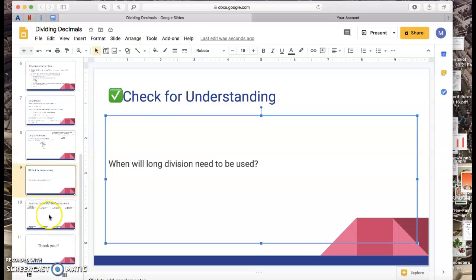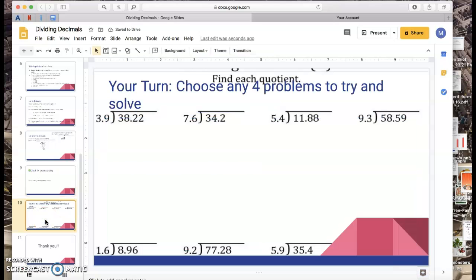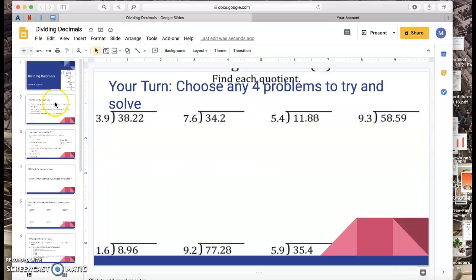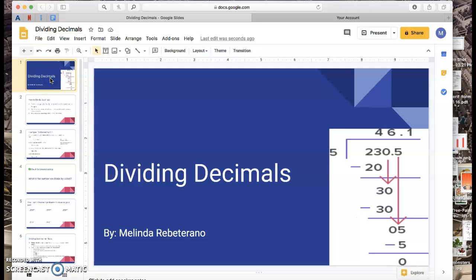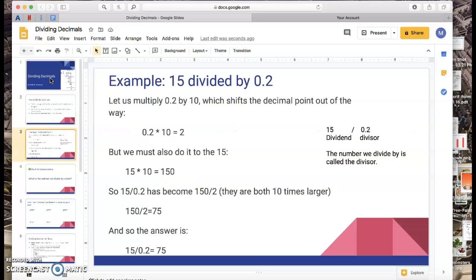So before we move on, just want to see if anyone has any questions, concerns, comments about anything that we've been through so far. Because let's go back. We started with dividing decimals and how to divide them. And then we did an example on how to divide a regular number, which is 15 divided by a decimal, 0.2.